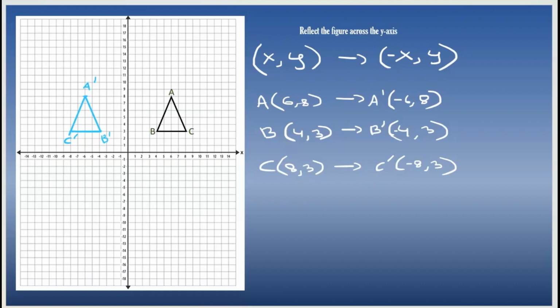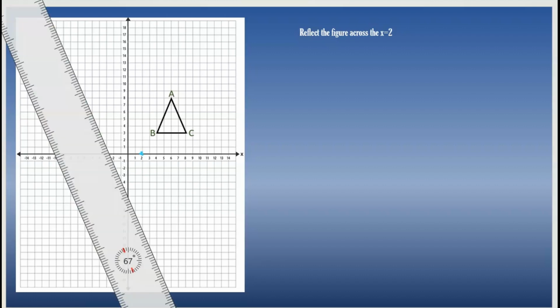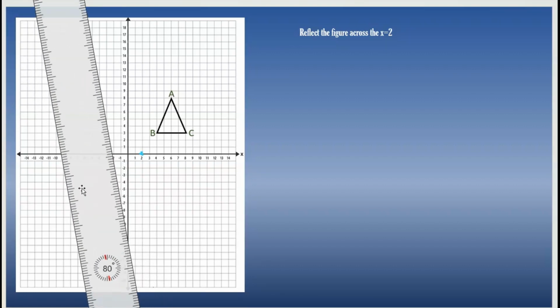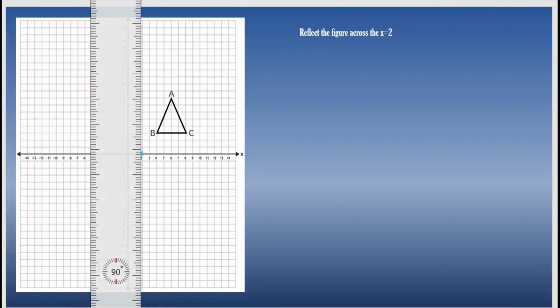Then reflect the figure across the x equals 2 line. So this is kind of new. Basically, x equals 2. We look on the x-axis, so x equals 2 is over here, this point right there. I'm just going to plot that here so you guys know.